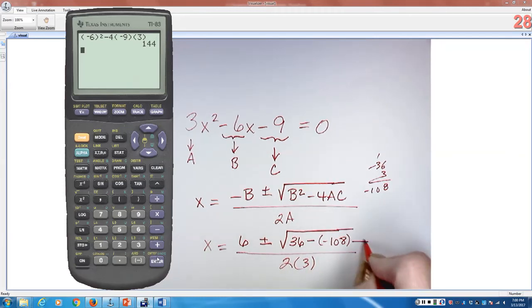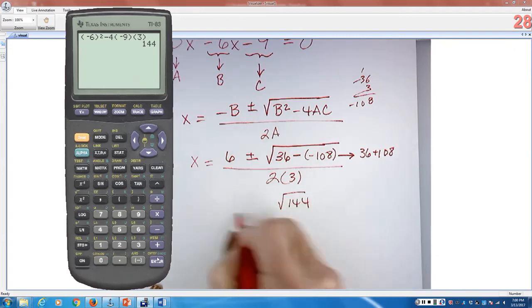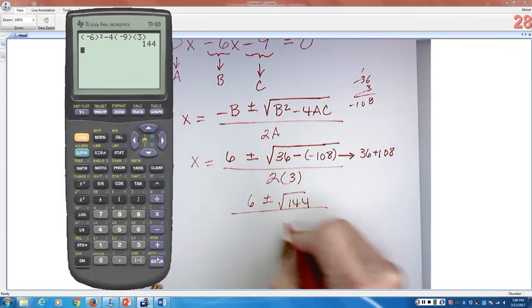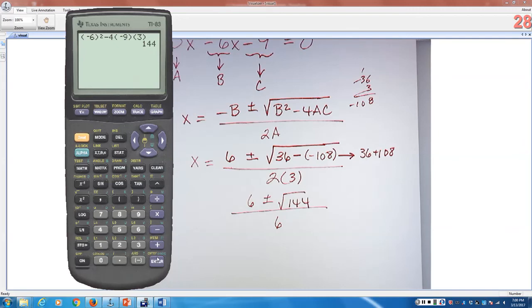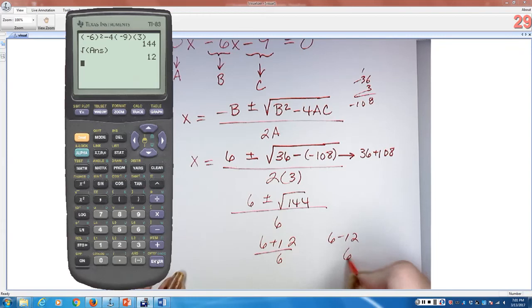So this actually turns into 36 plus 108, which turns out to be 144. And 2 times 3 is 6. And the square root of 144 is 12. So we have 6 plus 12 and 6 minus 12, both over 6.